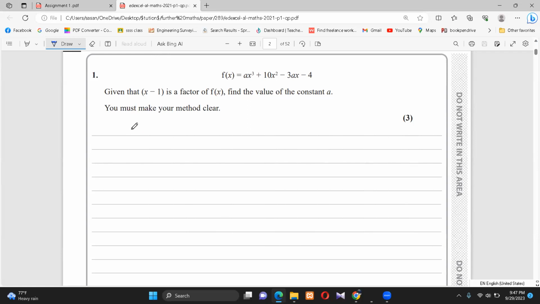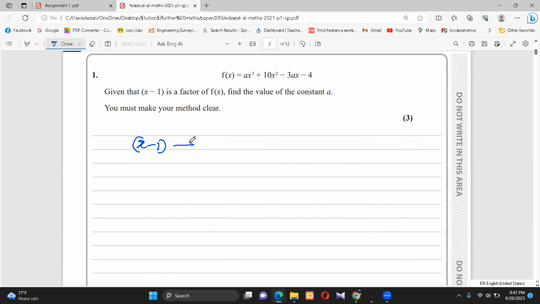So we will use factor theorem. You may be able to use an alternative method with the help of long division, but I'm going to do this using factor theorem. x minus 1 is given as a factor of f(x).